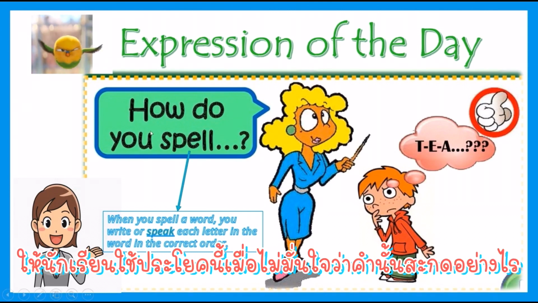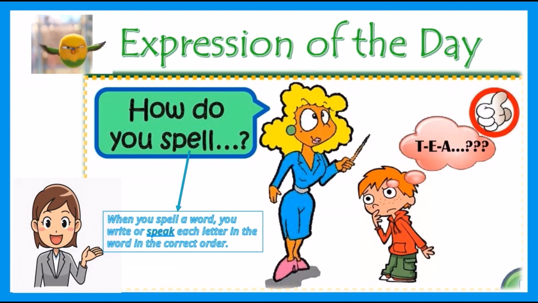You will use the expression, how do you spell, if you don't know how to spell a certain word. I hope you will use this expression from time to time. If you don't know how to spell a word, don't be shy to ask the teacher or someone who knows how to spell it.